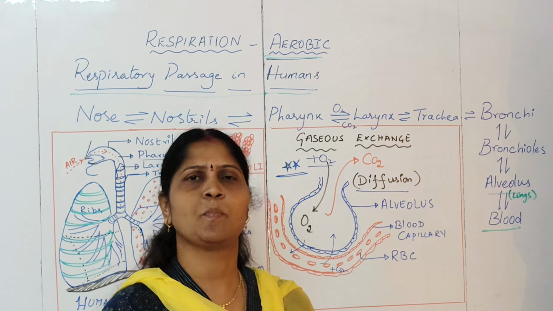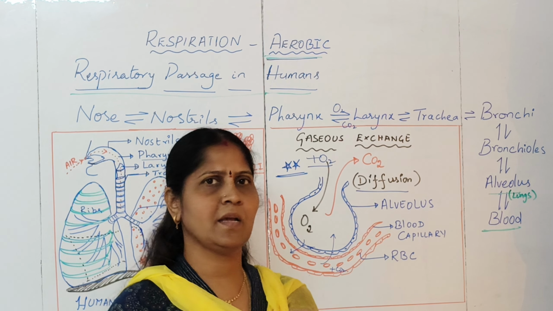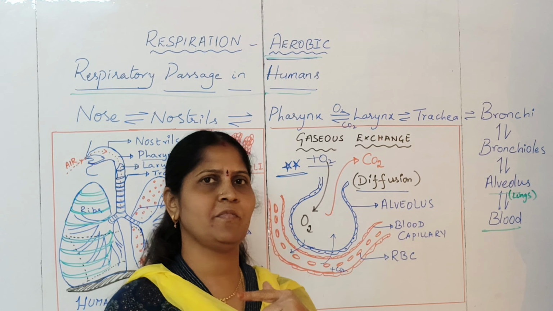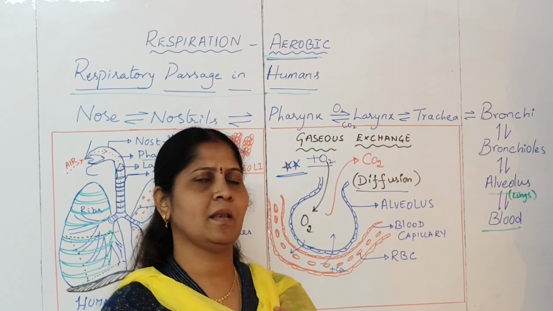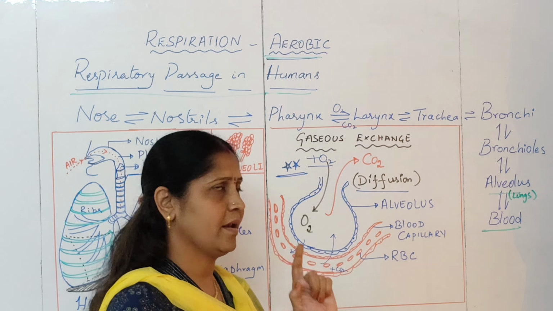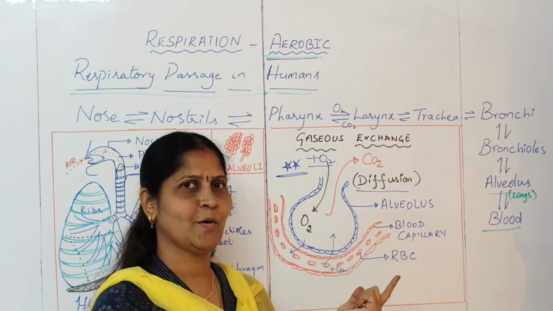How the selective absorption of oxygen is taking place is the question. So, keep guessing. I'll give the answer. I hope you know, we have learned this in our lower classes. What is the main component that helps in selective absorption of oxygen from the air is the next part. I will be giving the answer. Keep guessing.